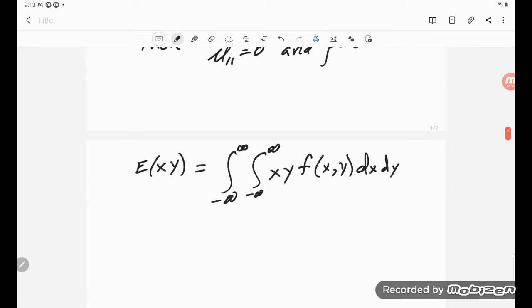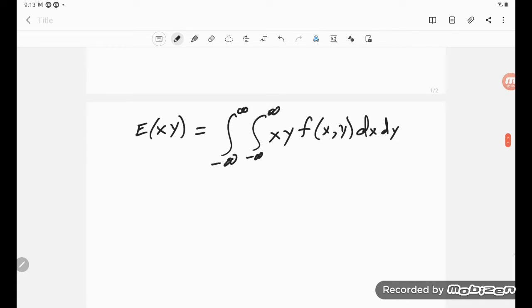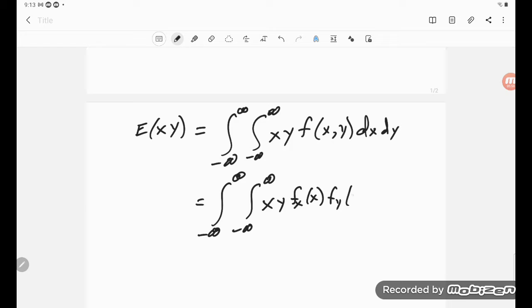However, if x and y are independent, then this becomes the double integral of x, y, fx of x, fy of y. The joint distribution is just the product of the two individual distributions if they're independent.